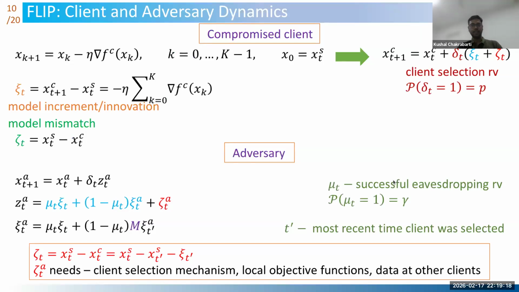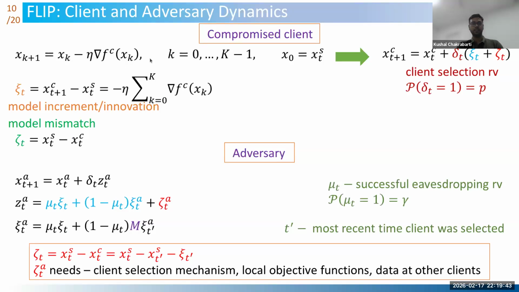Now, some technical details. Let us first look at the federated learning algorithm being implemented in the flip setting. At iteration k, this is the update rule of the client C, and each client does a number of inner iterations, let's say capital K inner iterations.